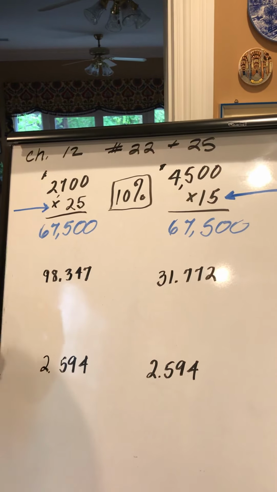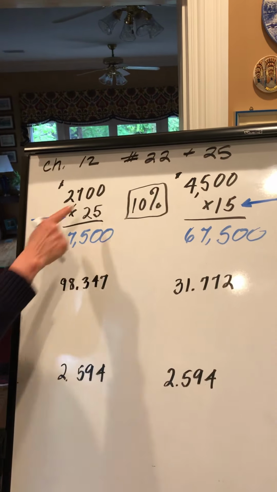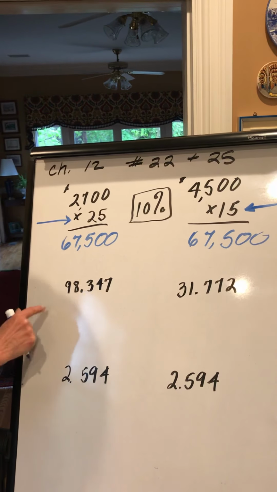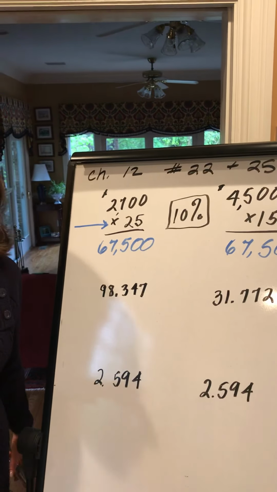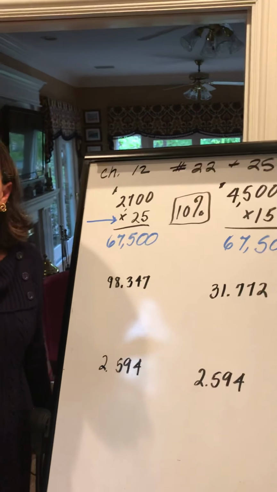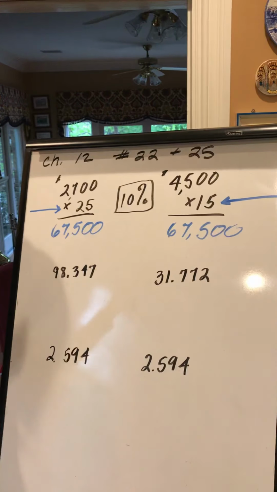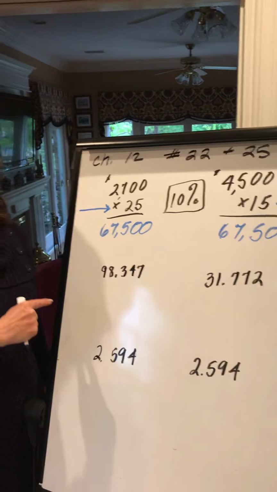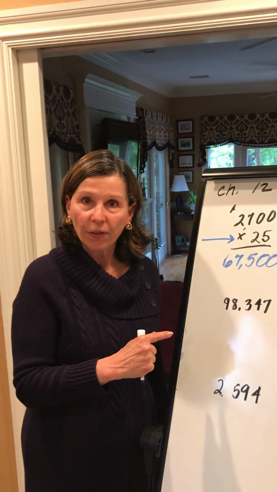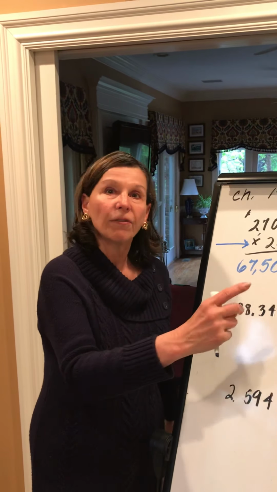So the question is, if they leave them in for 25 years, what will this be? The main question is, which chart should we use? We're putting in an equal amount each year, and we want to know what it's going to be worth sometime in the future.